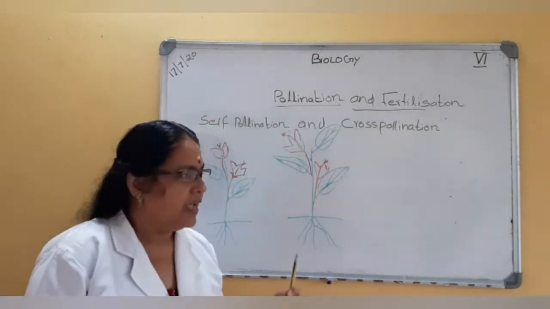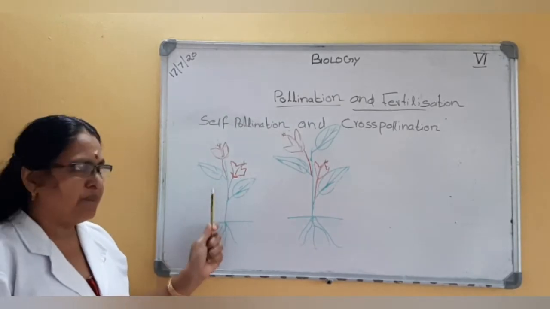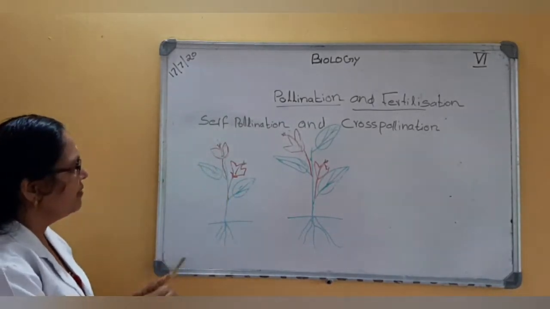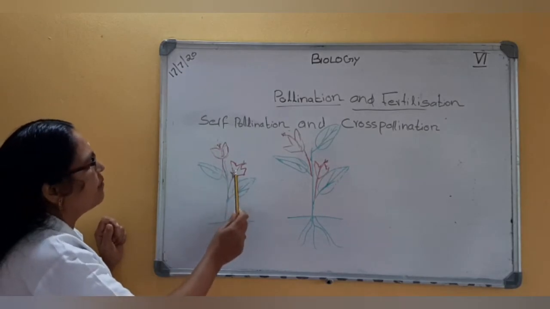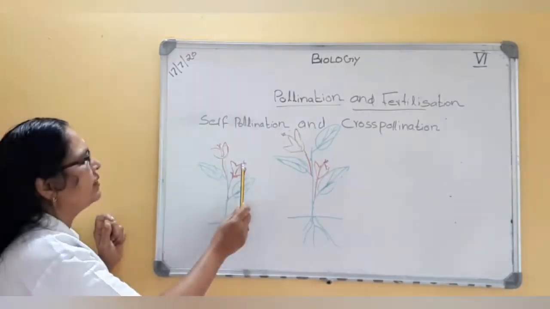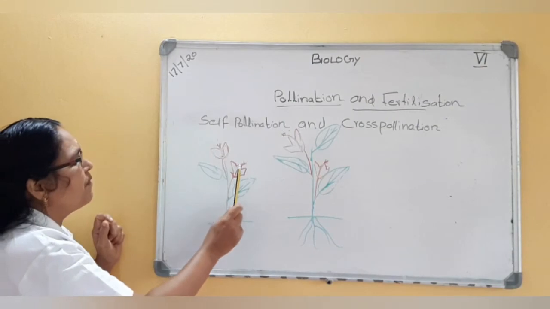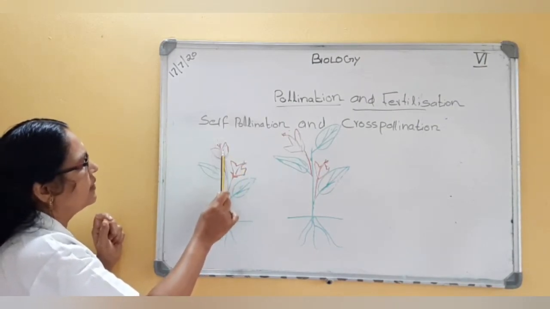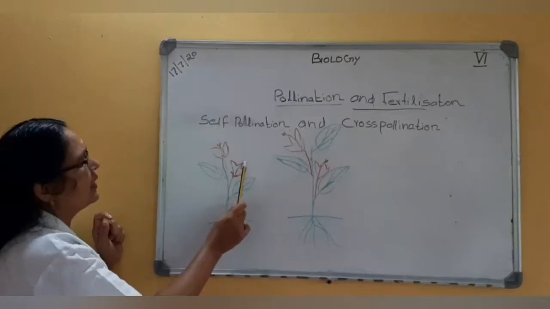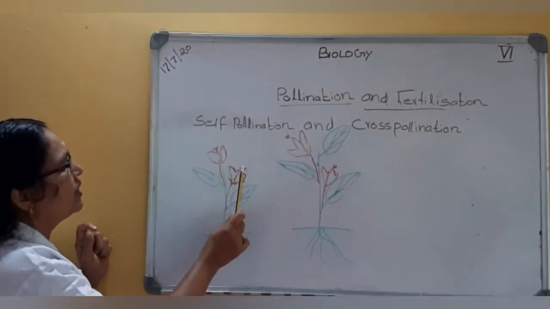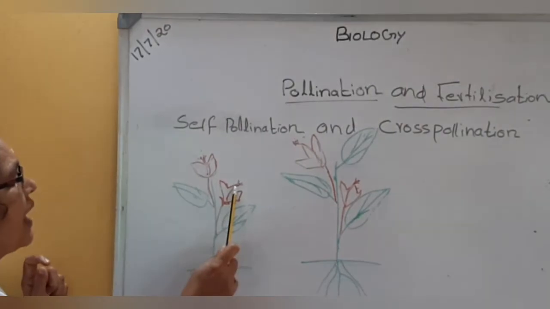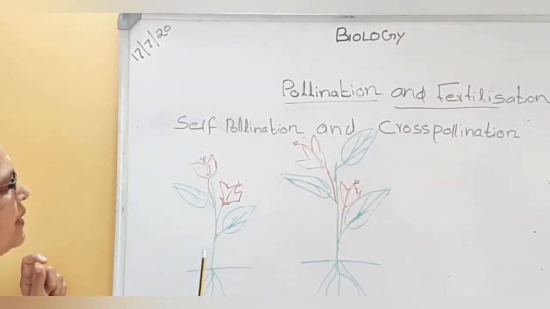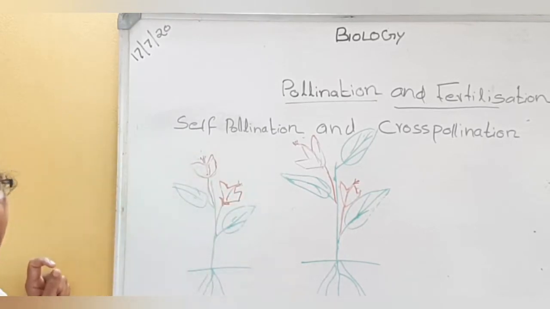Self-pollination. Here you can see a plant bearing 2 flowers. Here in this you can see the pollen grains are produced in the anther of this flower. If the pollen grains are transferred to the same flower, here the pollen grains are produced, or transferred to other flower in the same plant, then this type of pollination is known as self-pollination.